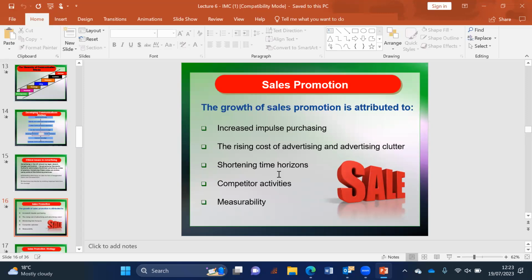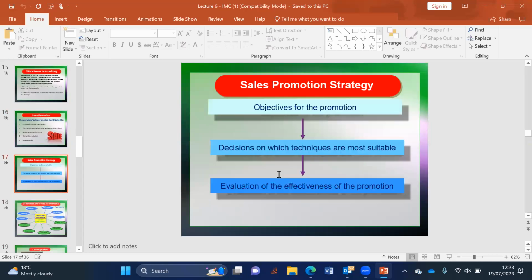And then there's measurability. So for example, when you have a marketing campaign, it is hard to measure the full impact of it. It is becoming easier now with stuff like Google Analytics and other analytical tools, but you still won't fully be able to measure the impact of the marketing campaign or the advertising. But if there's a sales promotion, you can easily measure how much profit you're generating from that promotion.